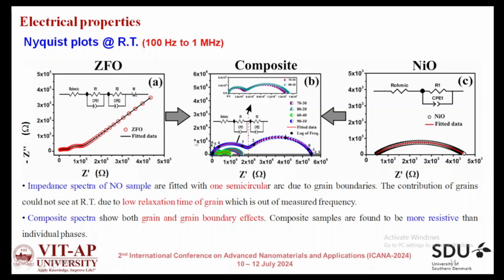And the composite spectra show 2 semicircular arcs, each one corresponding to grain and grain boundary effects, and as the content of NiO increases, the radius of this semicircular arc decreases, and composite samples are found to be more resistive than the individual phases. So these are our key results of electrical properties.